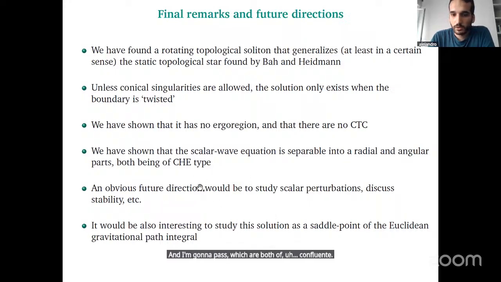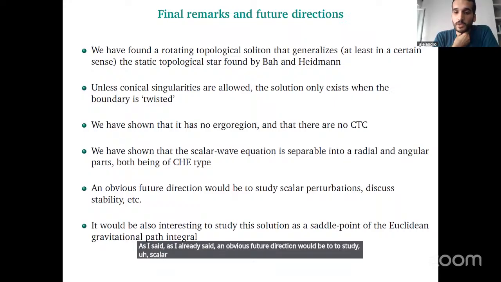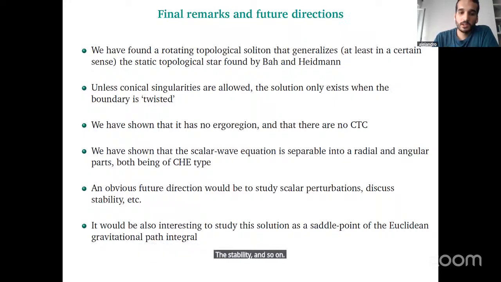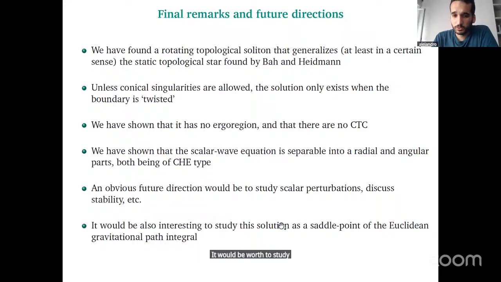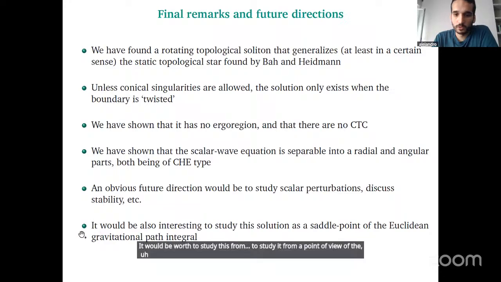As I already said, an obvious future direction would be to study scalar perturbations, discuss stability, and so on. But I think these solutions are also interesting per se as gravitational solitons, and I think it would be worth studying them from the point of view of the Euclidean path integrals.